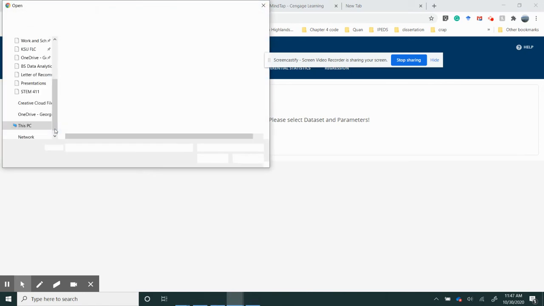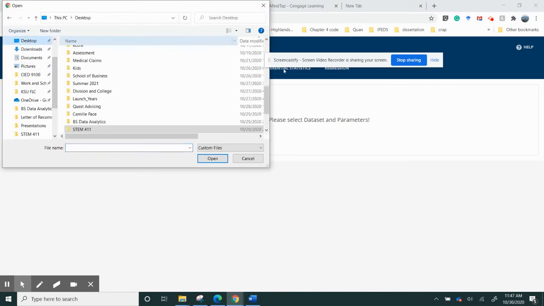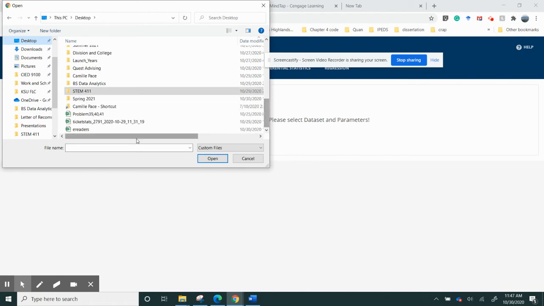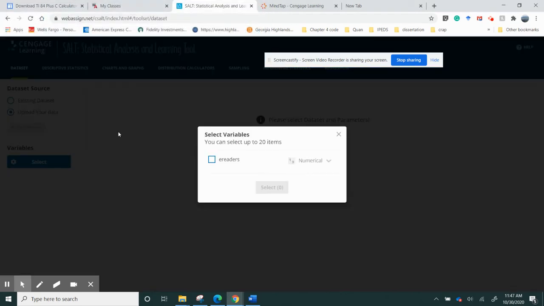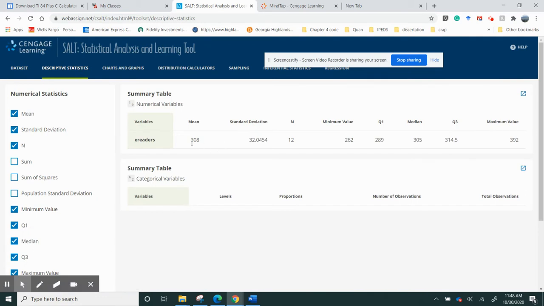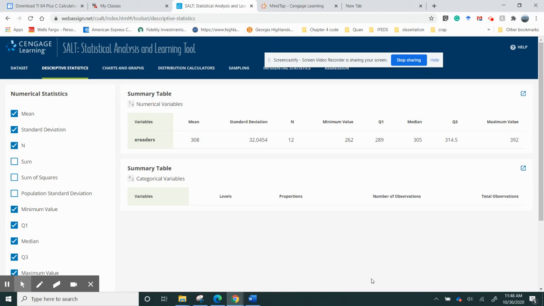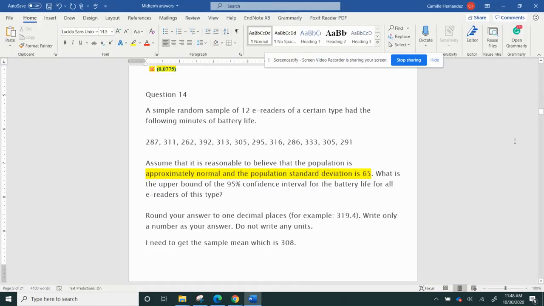I find it on my desktop, select my column, and put it in there. So there's my data. Then if I do descriptive statistics, it gives me the mean of 308. But as you saw with Excel, if I went to the bottom, it was easier and gave it to me right there. So my mean is 308.